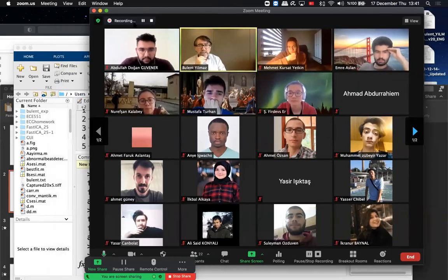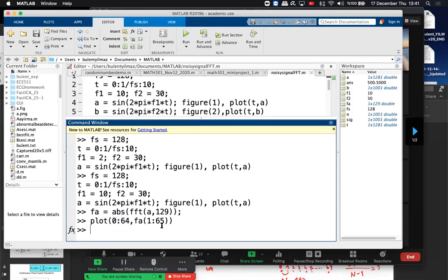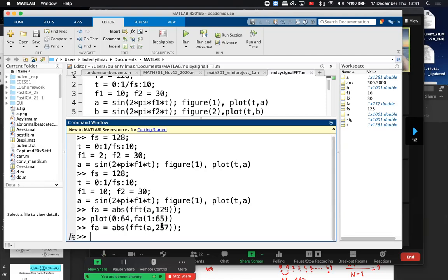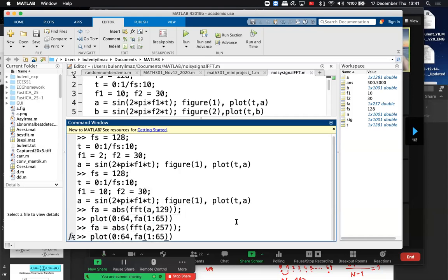But if, for example, let's say I would have not 128 but 257, how many numbers do I have? 257. Then I would plot 129, but this time I should have 0.5 increments.